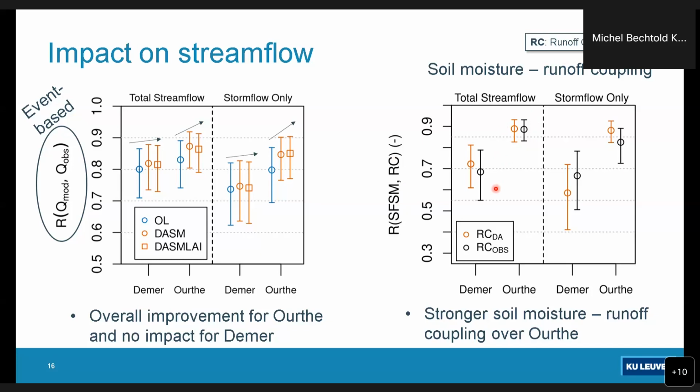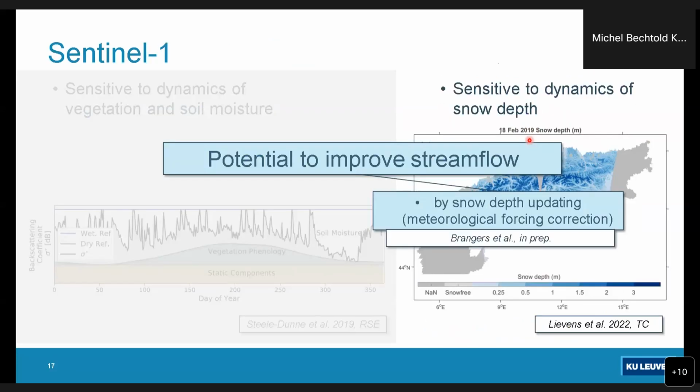And you can see that for the model and for the observations, orange and black, the Dема has a much lower coupling between soil moisture and runoff than the Urt. And simply based on these different characteristics of the two catchments, we can expect already less impact of soil moisture data assimilation on stream flow over the Dема compared to the Urt.